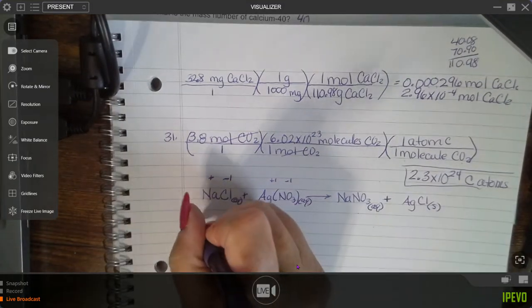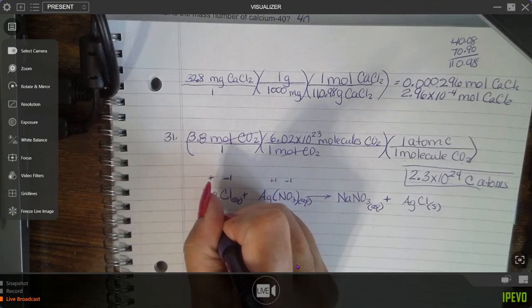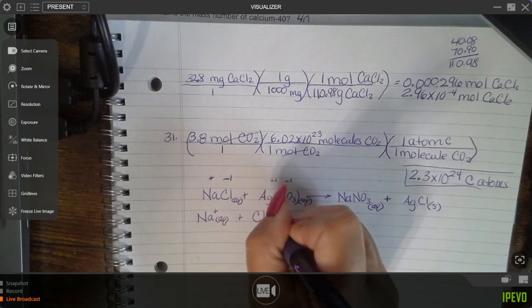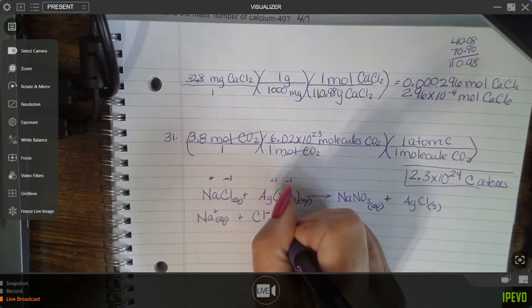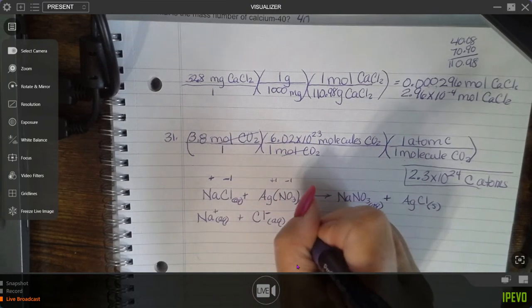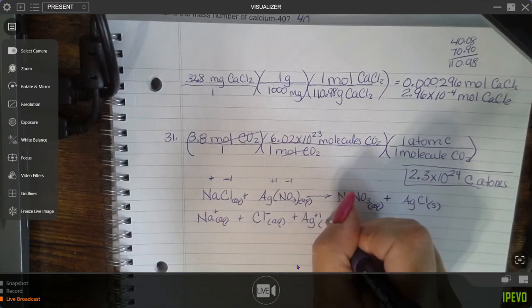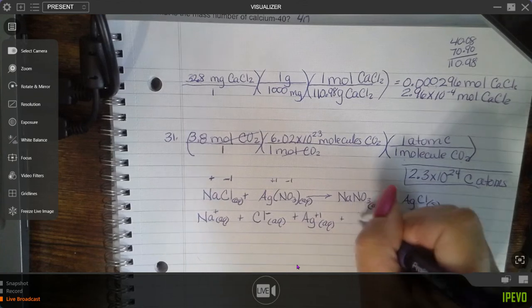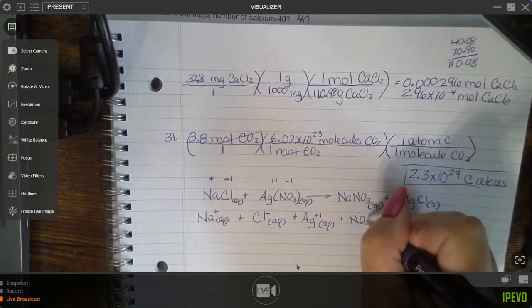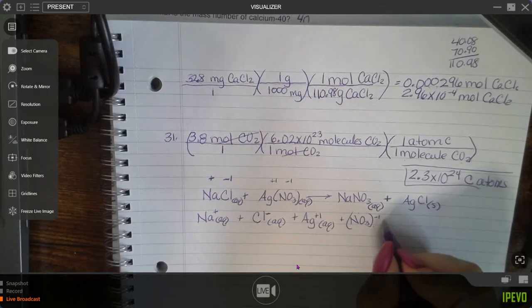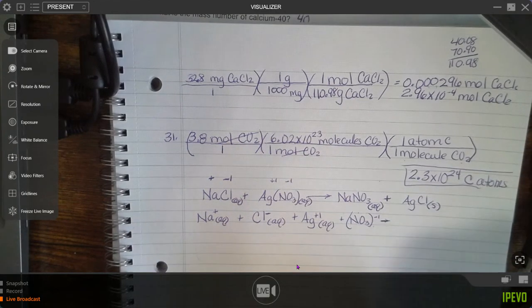So we would have sodium +1 plus chlorine -1 plus silver, silver is always +1, plus nitrate -1, okay? And I didn't leave very much room to write. I'm going to put it down here.